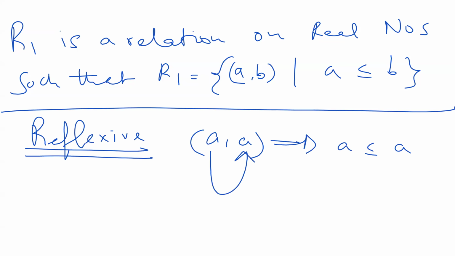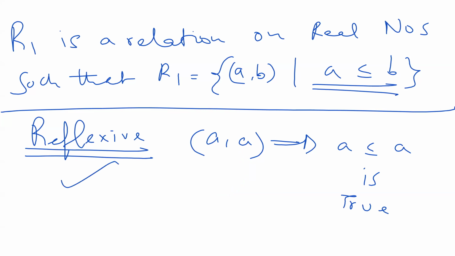And as per this rule, A comma B implies A is less than or equal to B. So A comma A will imply A is less than or equal to A. Is this true, guys? This is true. Any number is less than or equal to itself. So therefore it is reflexive.